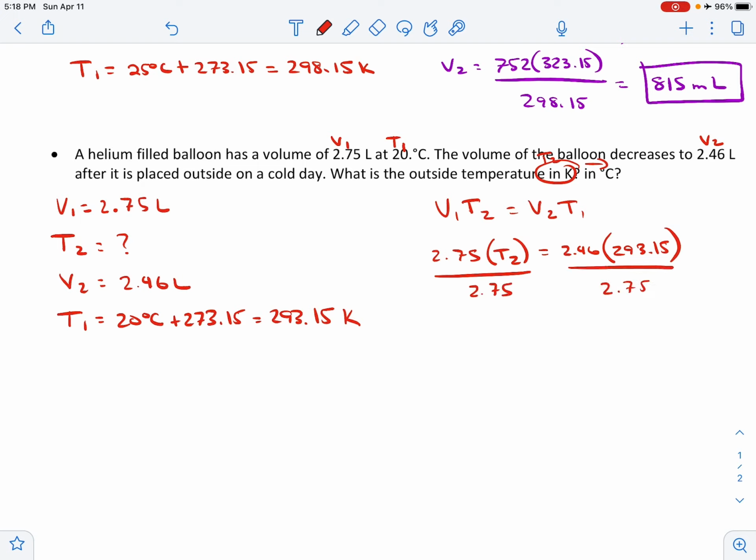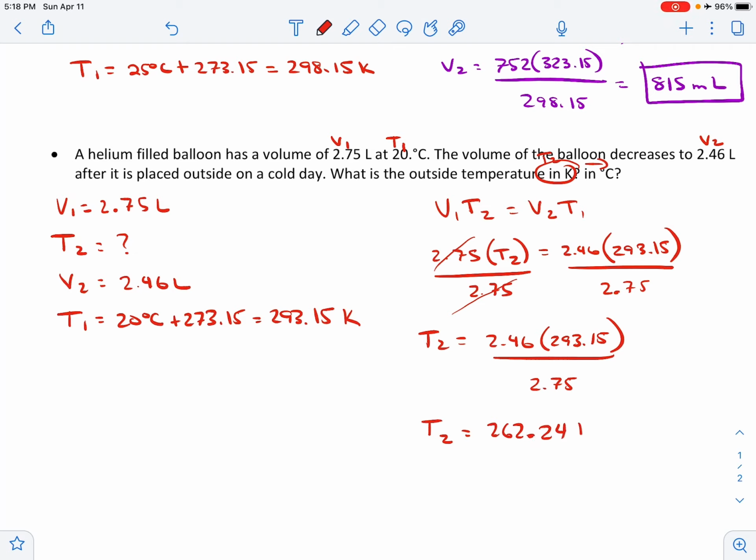I said volume, we're dividing to find temperature, but you guys are with me. T2 is equal to 2.46 times 293.15 divided by 2.75. This temperature is going to be in Kelvin, so that'll answer the first part of our question.